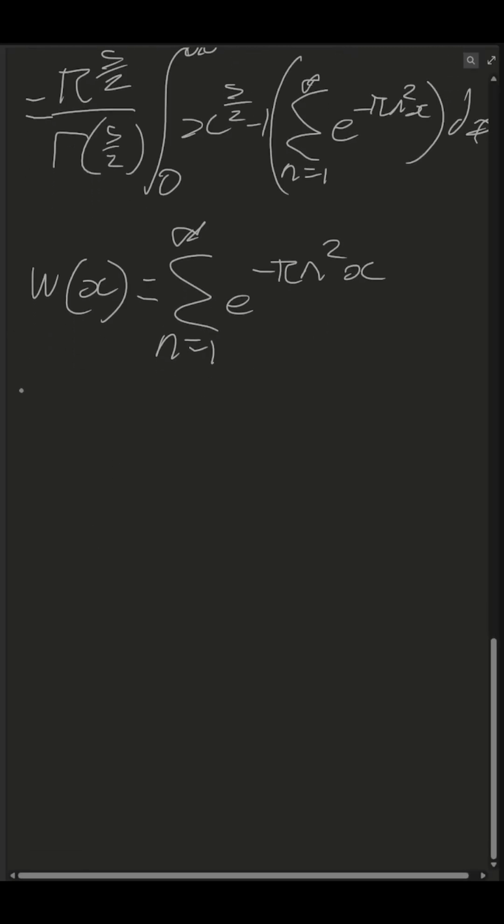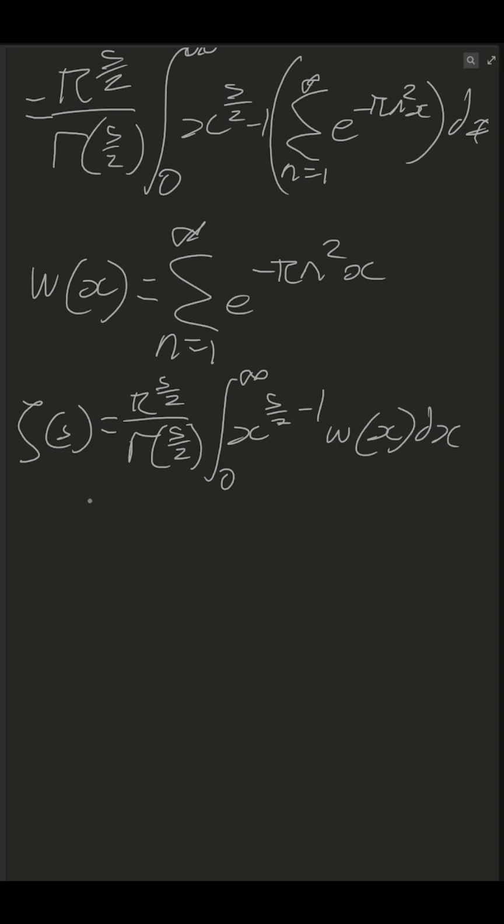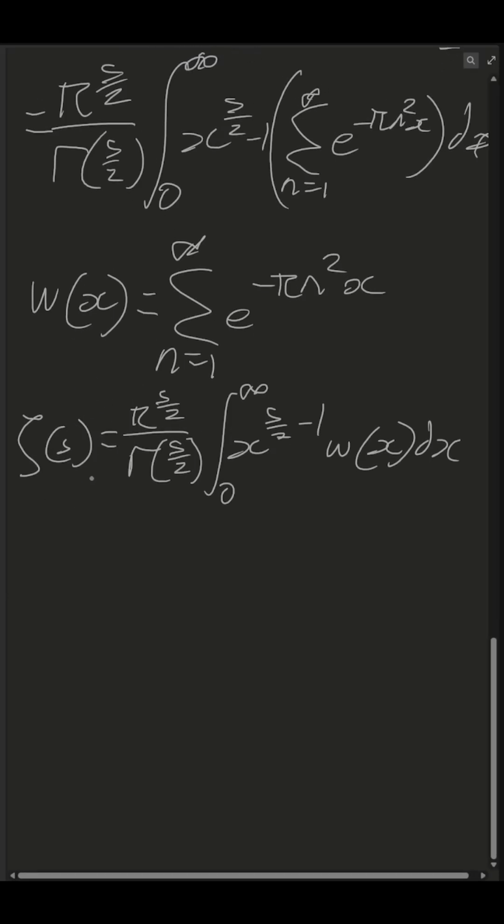And so zeta of s is equal to pi to the s over 2 over gamma of s over 2, integral from 0 to infinity of x to the s over 2 minus 1 w of x dx. And this is for real s greater than 1, because we still haven't continued this, so to speak.